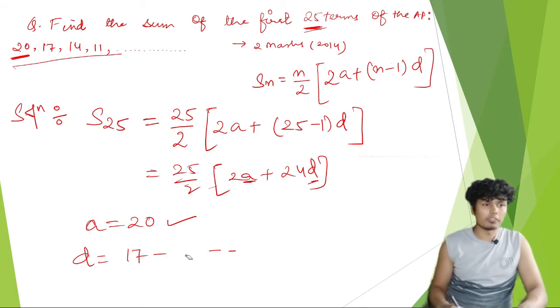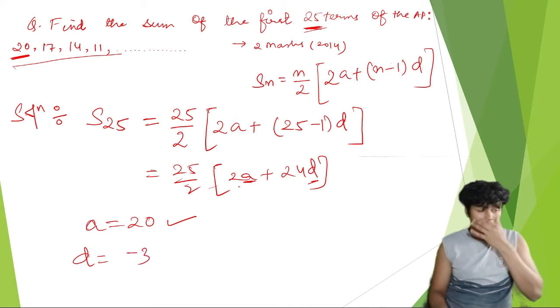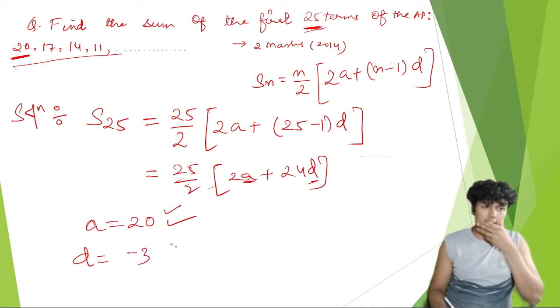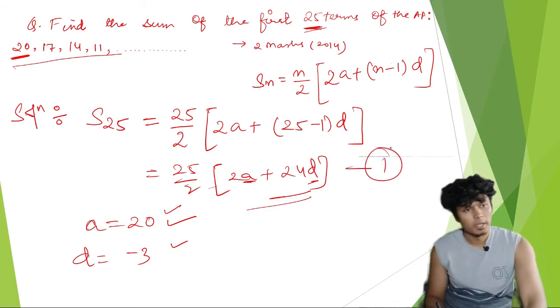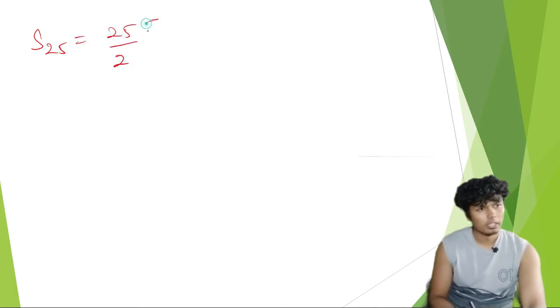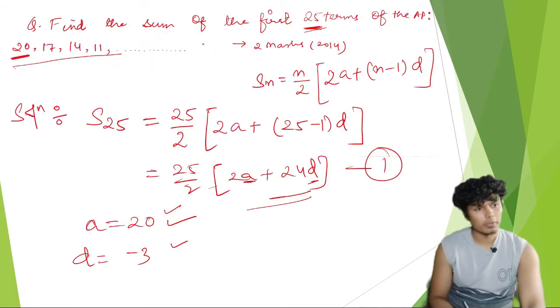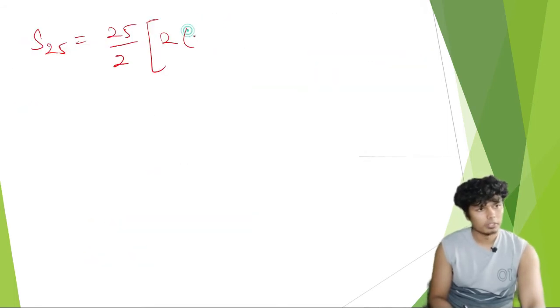We got the value of d as minus 3. Now put the values of a and d in this equation, equation number 1. So S25 is equal to 25 divided by 2, 2a. Instead of a, we are going to put 20.